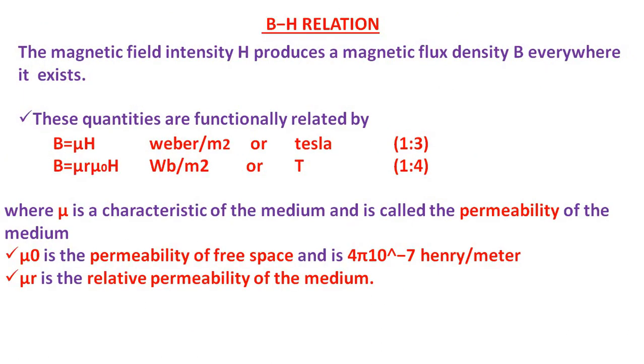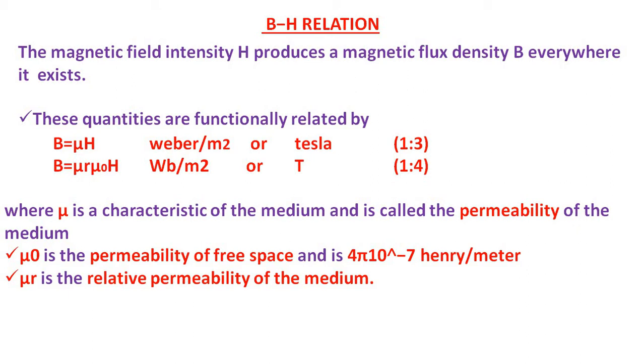Now next, the magnetic flux density and magnetic field intensity relation. The magnetic field intensity H produces the magnetic flux density B everywhere it exists. These quantities are functionally related by B is equal to mu into H, Weber per meter squared.